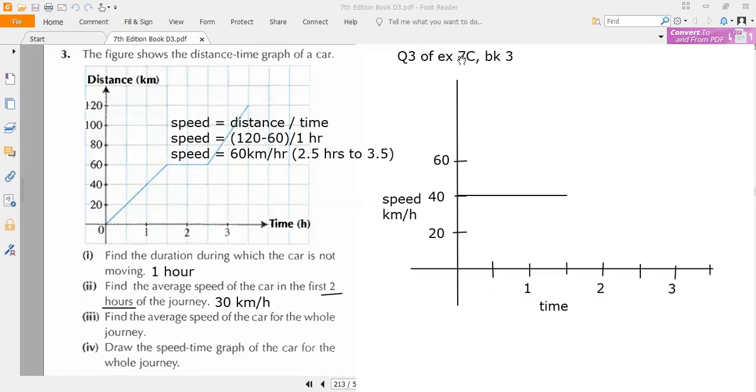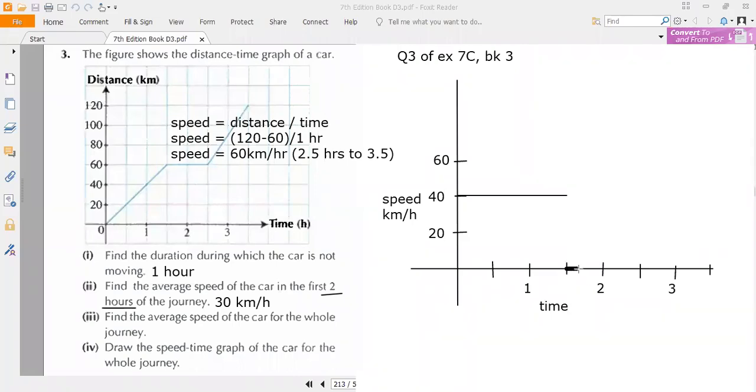For the first 1.5 hours, the speed was 40 kilometer per hour.